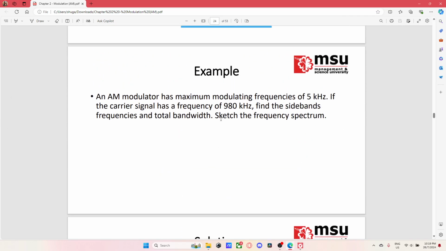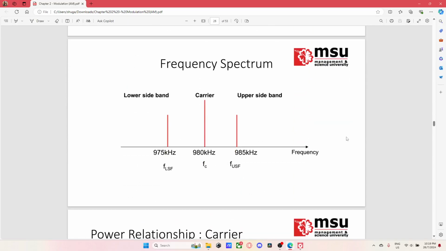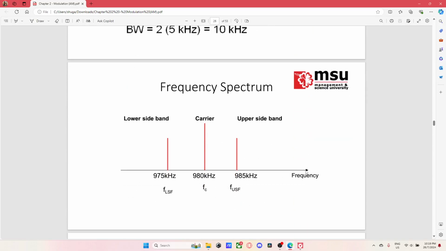Alright, the question asks you to sketch the frequency spectrum. The frequency spectrum should be as simple as this. It is represented by the x-axis on frequency, and the middle should be the carrier and the highest of them all. You should draw these three lines.